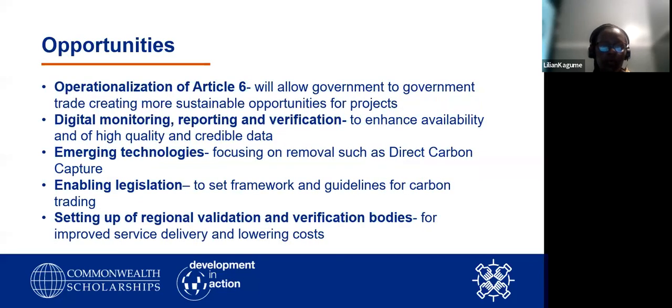So what opportunities can we see in carbon assets? First, operationalization of Article 6, to allow for government-to-government trade and create more sustainability around projects. This is actually the basis of our main push for the COP28 that is coming up. Then digital monitoring, reporting, and verification, DMRV, to support availability and development of high quality and credible data.